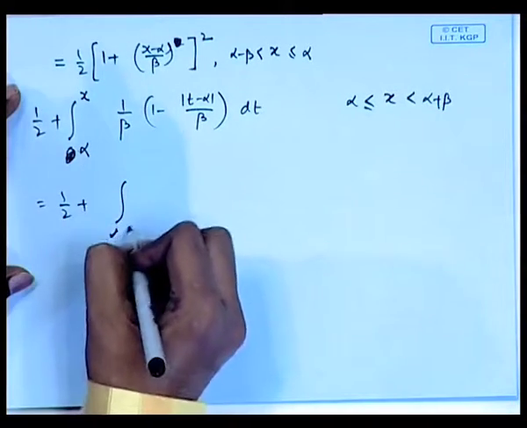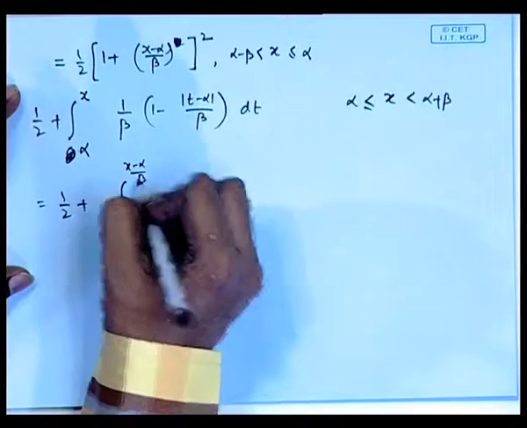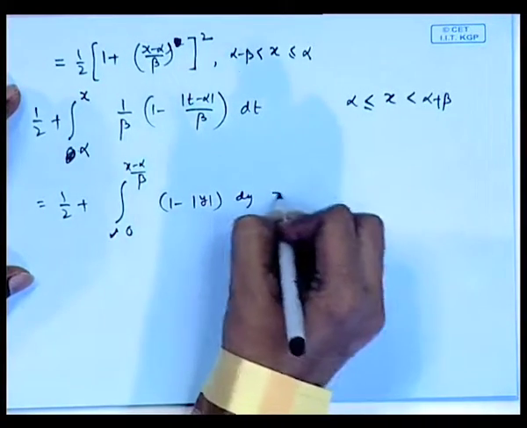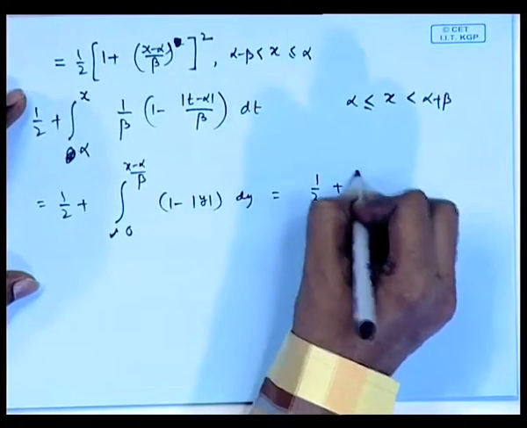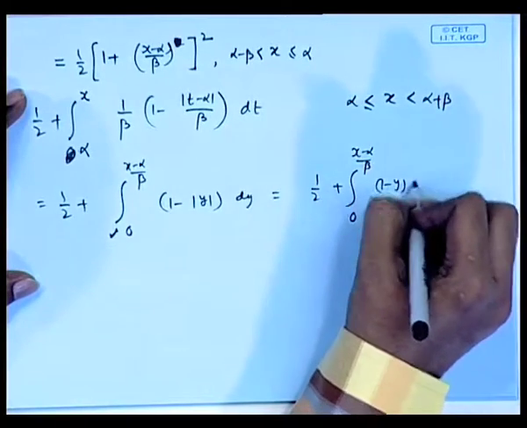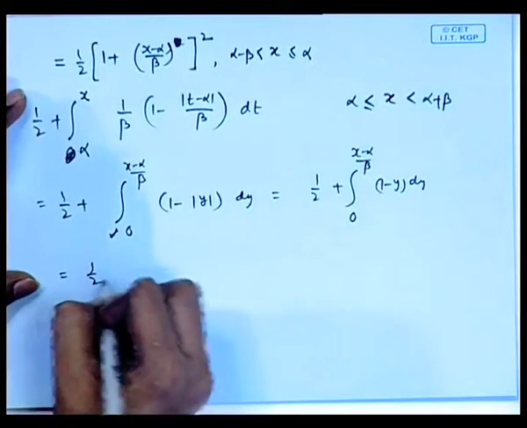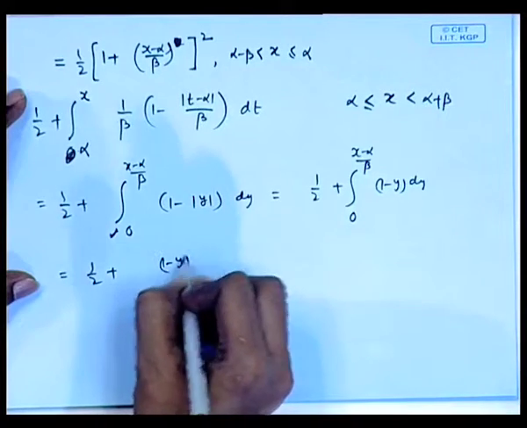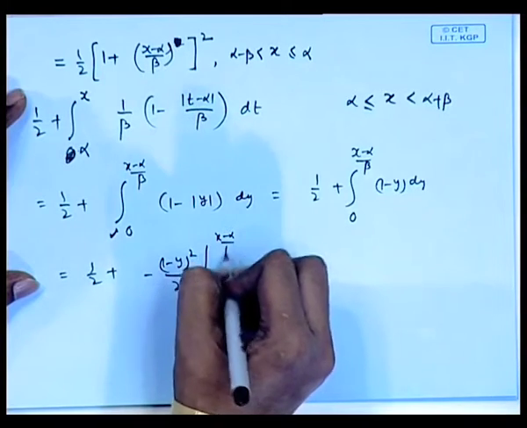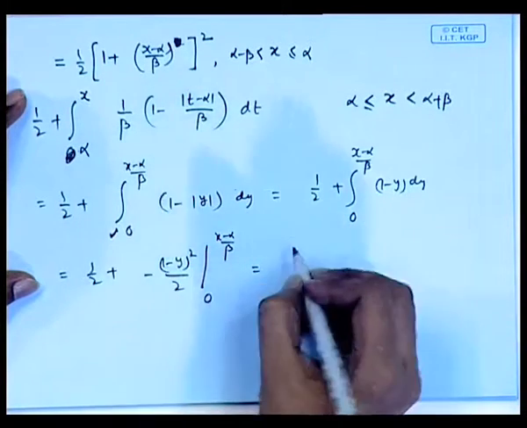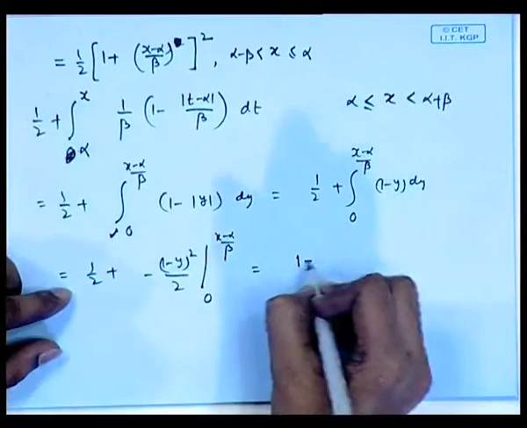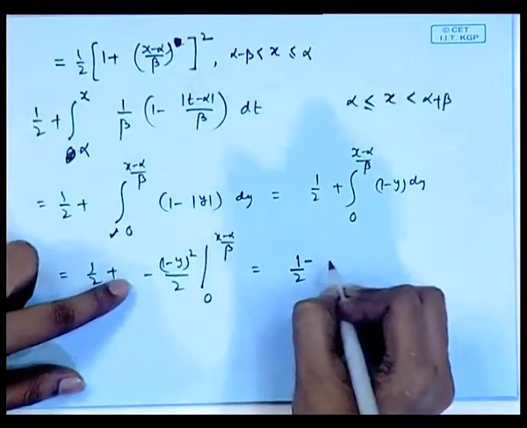So, this becomes half plus the integral from 0 to (x minus alpha) by beta of 1 minus modulus of y dy, which is half plus the integral of 1 minus y dy, which is half plus minus (1 minus y) whole square by 2, from 0 to (x minus alpha) by beta.